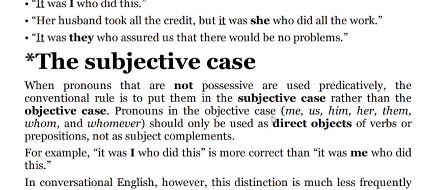Pronouns in the objective case, me, us, him, her, them, whomever, should only be used as direct objects of verbs or prepositions, not as subject complements. For example, it was I who did this is more correct than it was me who did this.